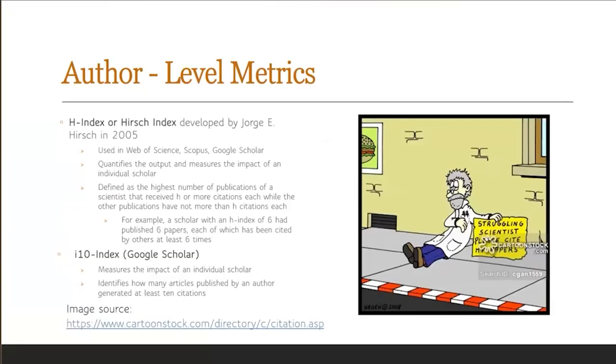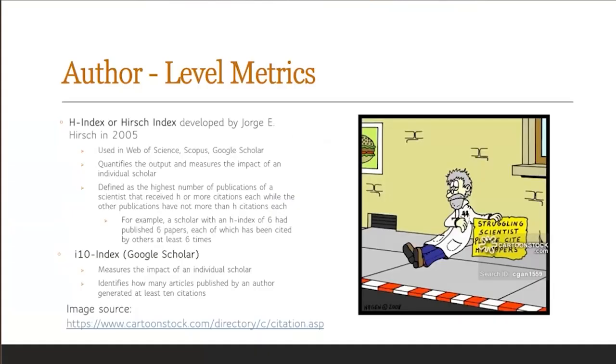Google also has its own i10 index, which identifies how many articles published by an author have generated at least 10 citations. I find this problematic, and there are various reasons for it. As you can see in the cartoon, though it's hard to see because of the stock watermark over it, it says, "Struggling scientists, please cite my papers."